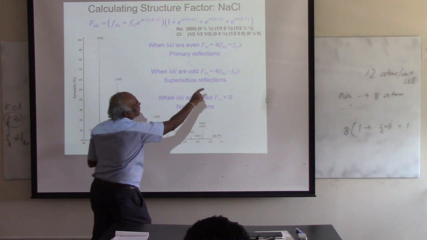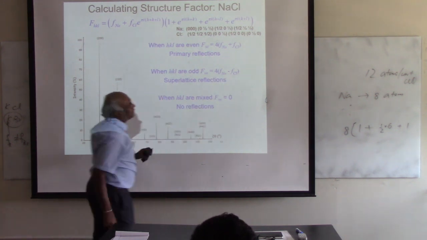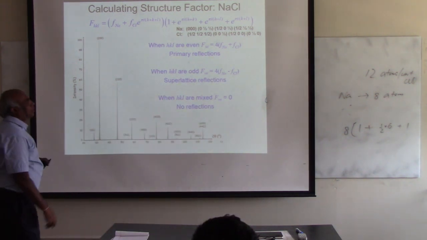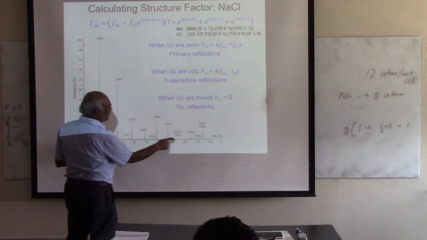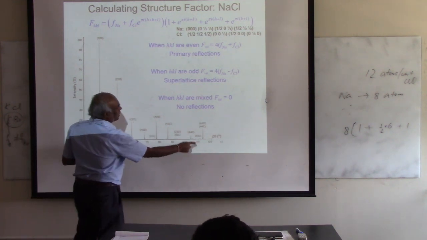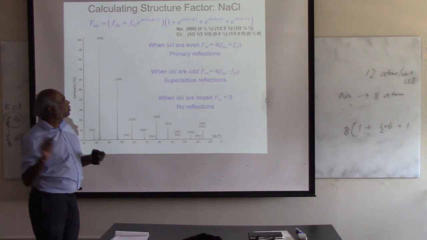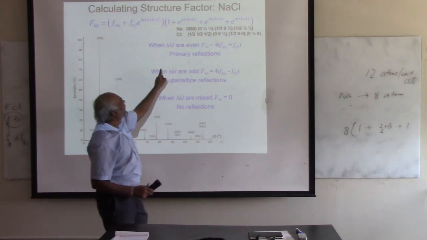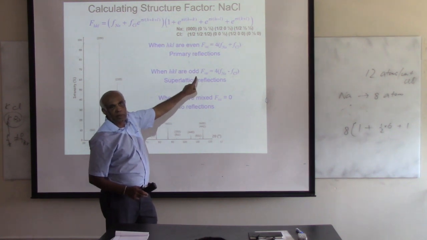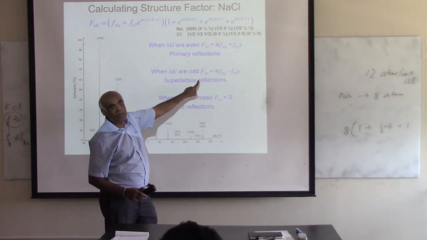because the form factors of these two are different. So you can see 331, 511. These are very weak. Usually we call these superlattice reflections.